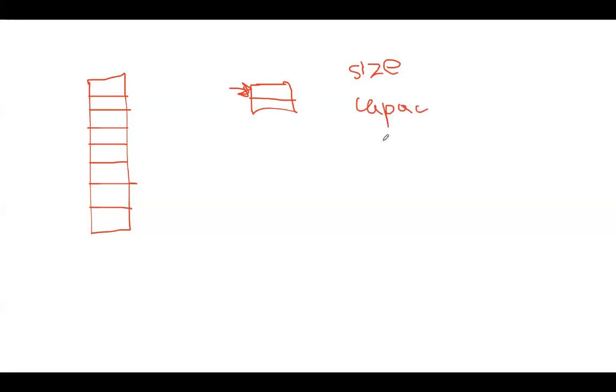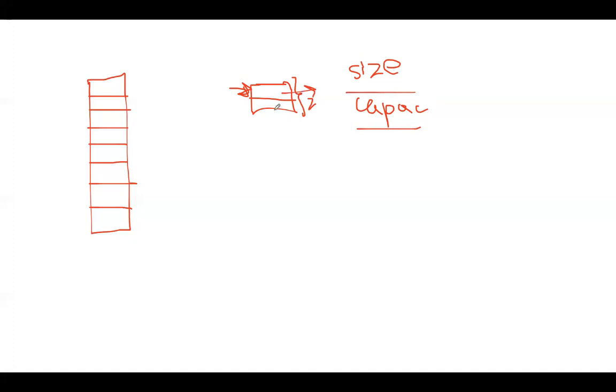The difference between these two is that the size is the number of elements we have stored inside our vector, and the capacity is the size of the back-end array that is storing the actual data. So there's still an array, and right now the capacity is 2, but the size of our vector is 1 because we've only added one element.